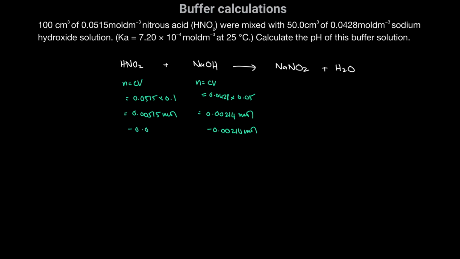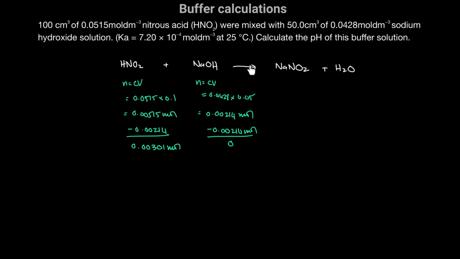So the acid is in excess. After the reaction, this is how much acid we have left over, 0.00301 moles. And obviously all the sodium hydroxide has reacted. And of course, we know that we've made 0.00214 moles of NaNO2.